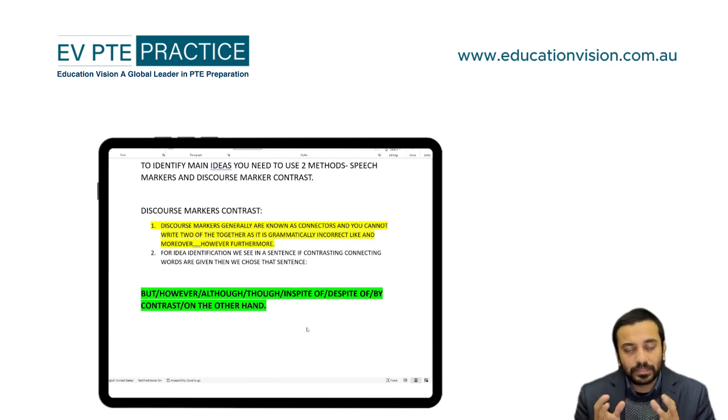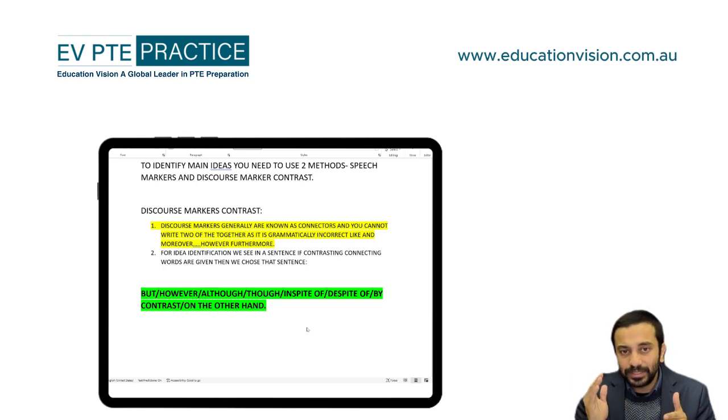These are the words which, if I see any one of them in a sentence, whether, for example, this word however, at the start of the sentence, at the middle of the sentence, at the end of the sentence, the position of this word does not matter. As long as it is present, I will get a full score for that sentence. That is 100% my main idea.